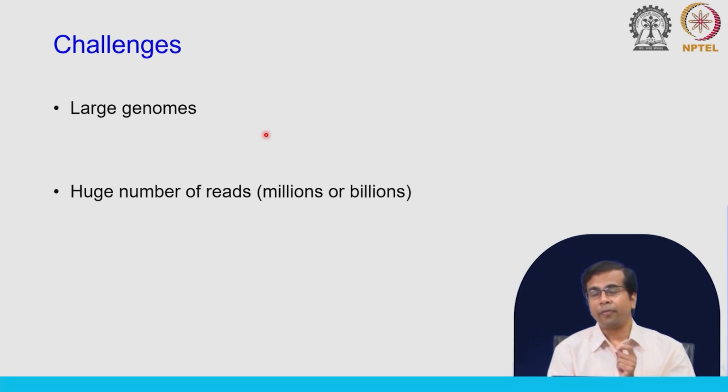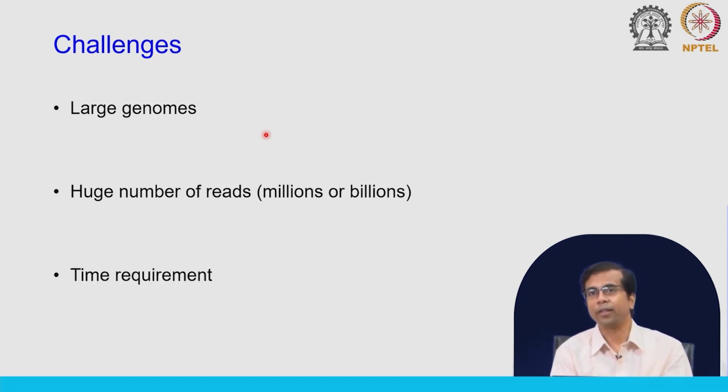So, if you can visualize in your mind that you have to repeat this process of mapping for each of them, if you have 1 billion reads, for each of them you have to repeat this process, you have to find the position in that big genome. So, on one hand you have these big genomes, meaning many potential locations, and on the other hand you have a huge number of reads. So, if you combine them together, the problem is the time requirement.